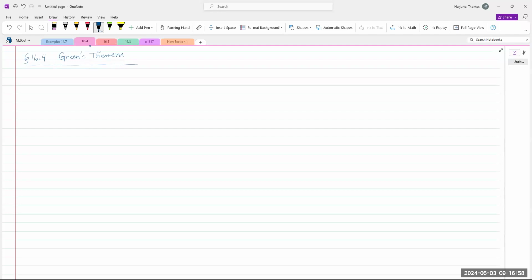Now, before we start with the theorem, let's take a look first at one word: the orientation of a closed curve, a definition.